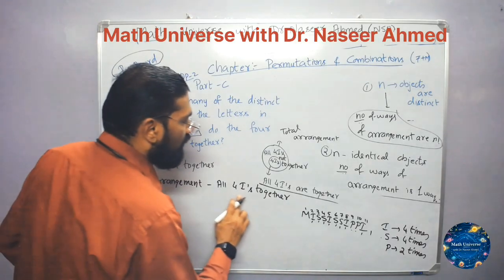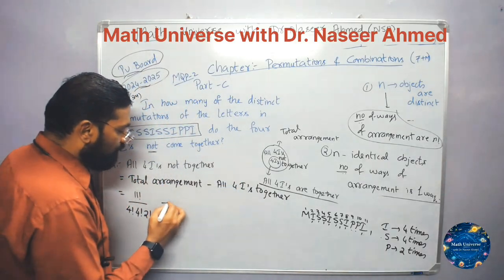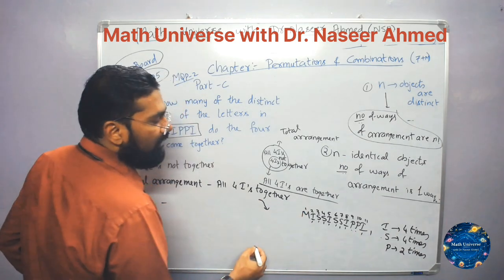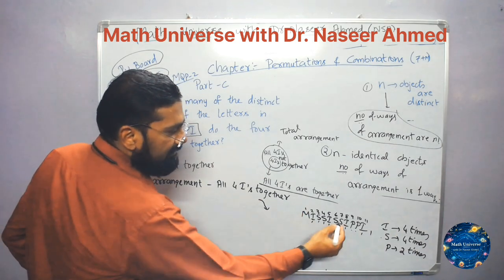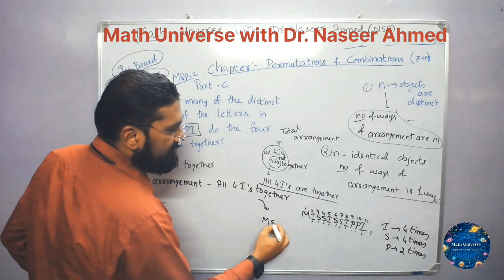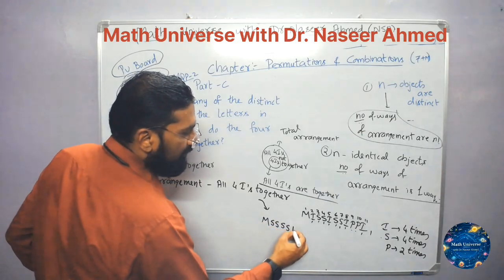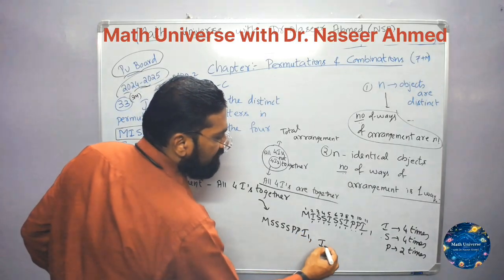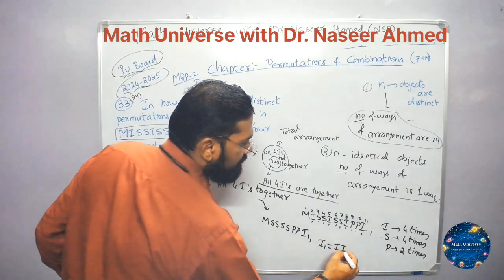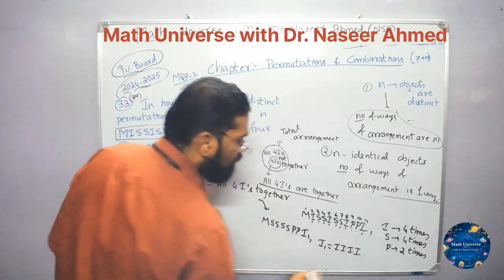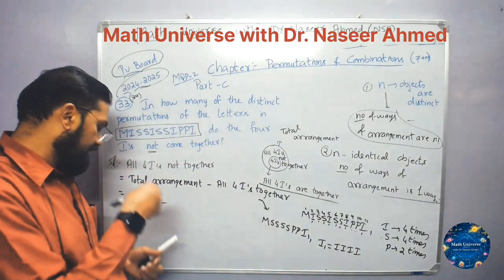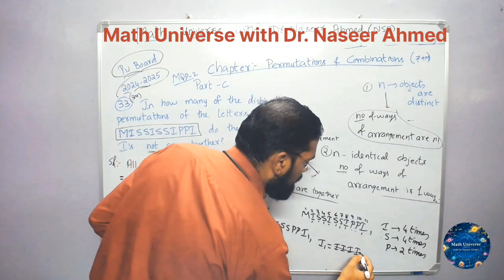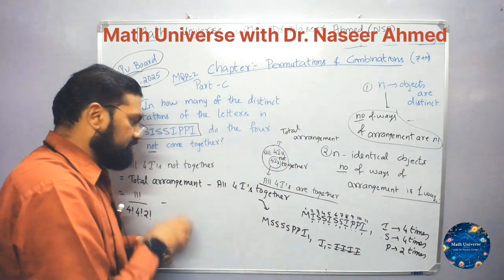Now come to all 4 I's together. Let us rewrite this: M, S, S, S, S, P, P, and here let one I stand for all the 4 I's. So I want to arrange all the 4 I's and I'm going to tie them up with a rope. Same logic as the vowels problem.